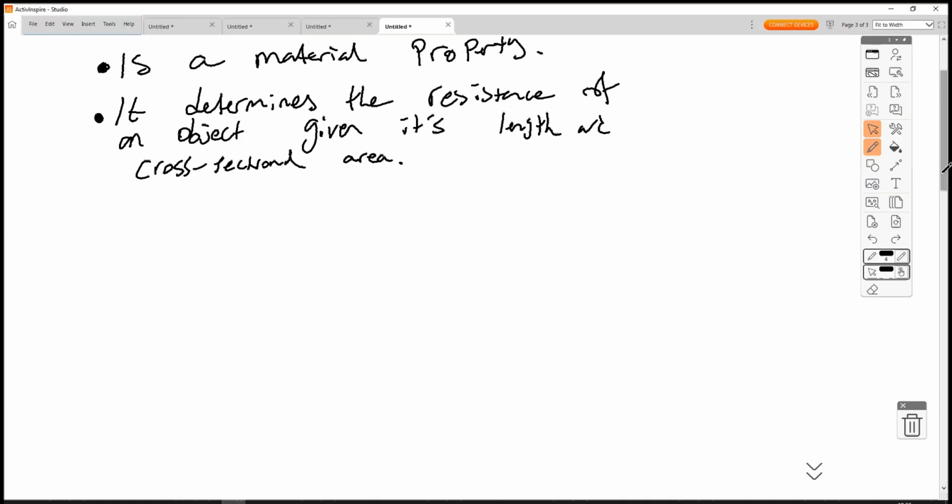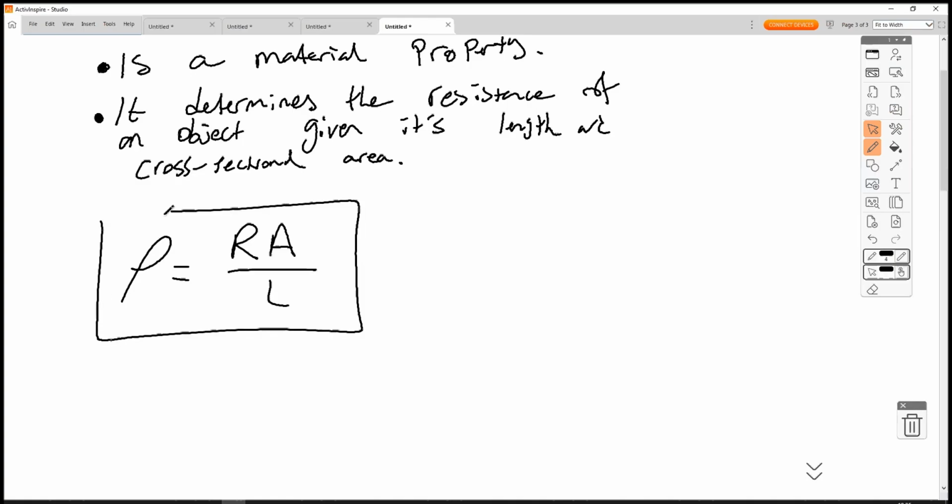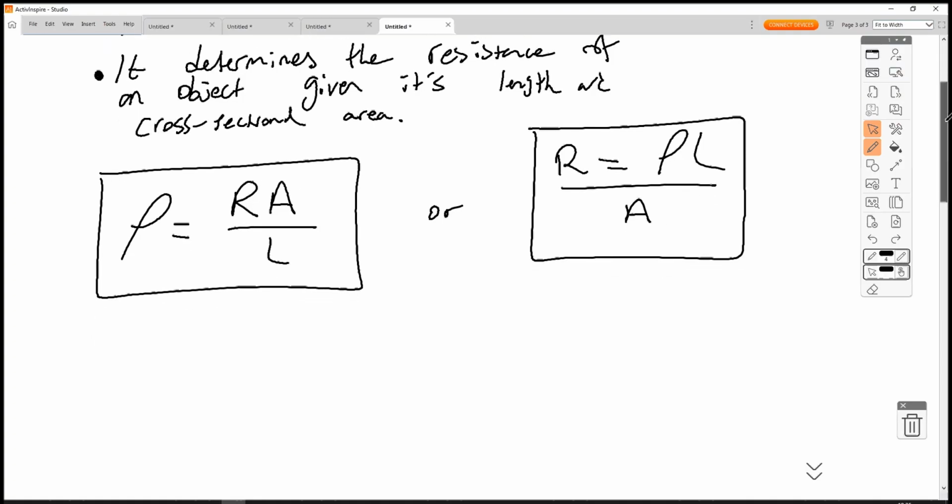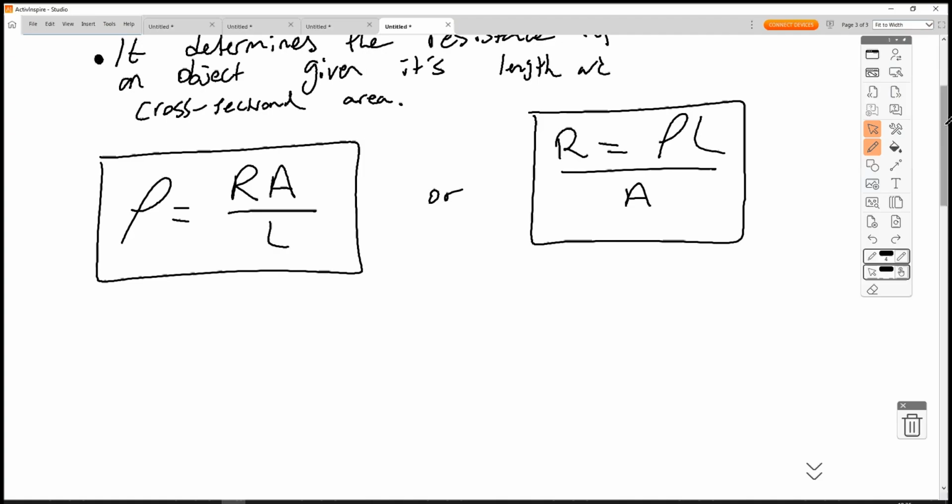The equation for this is given by rho equals RA over L. And you can also rearrange this to find R. So you could also say R equals rho L over A. And we can define what these things mean.